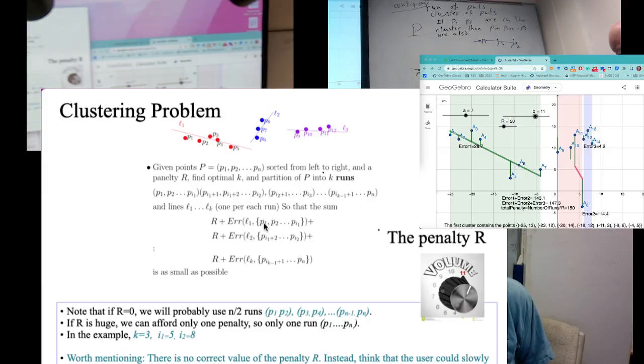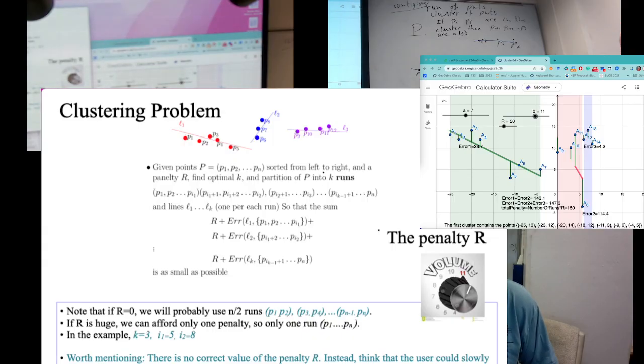This is one error that I'm paying, plus the error from the best line that fits the next run, plus the error of the last cluster to the best line that fits its points. However, for each cluster, I'm also paying this penalty R, whatever the user gave.